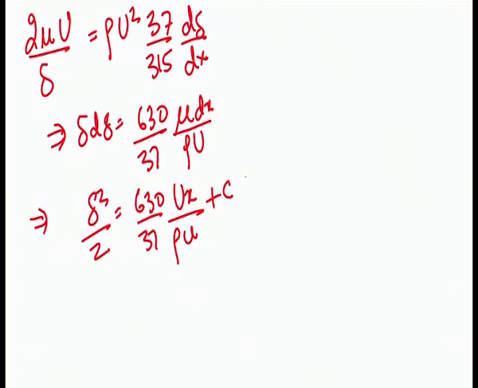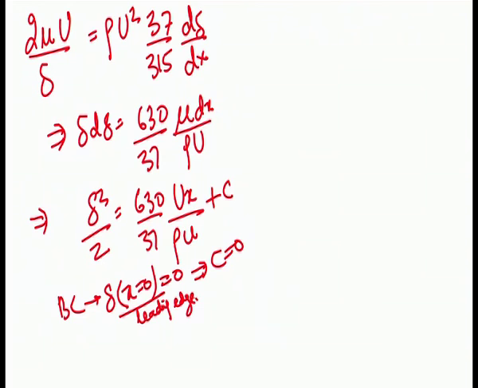The boundary condition at the leading edge is that the boundary layer thickness is 0, which gives c equal to 0.